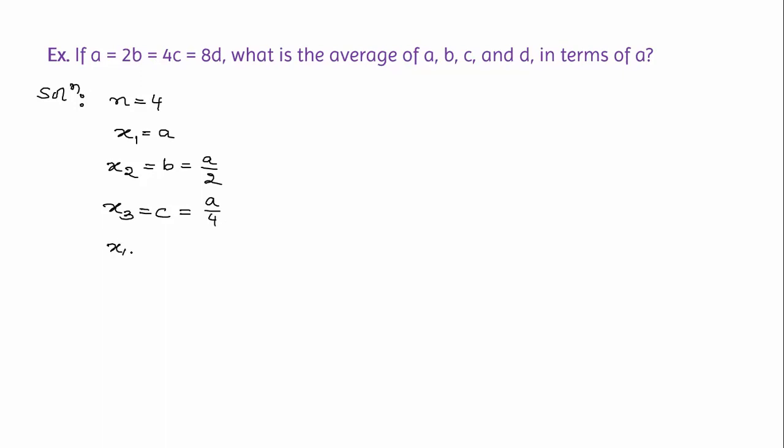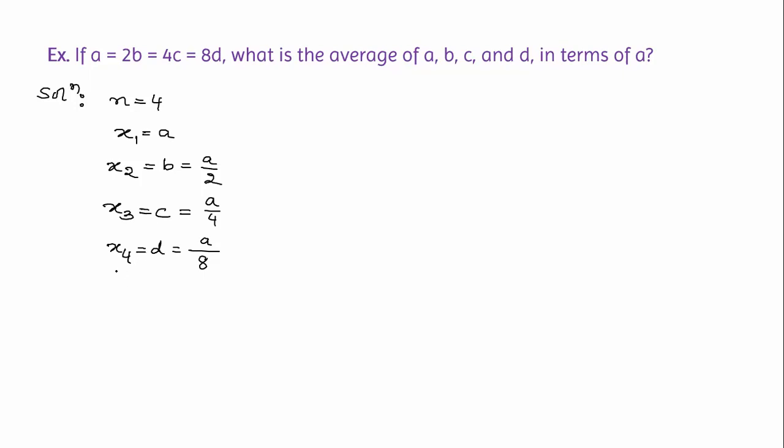The fourth number x4 is equal to D, and 8D is equal to A, so D is equal to A by 8. So we have expressed all the numbers in terms of A. Similarly, we can express each of these four numbers in terms of B or C or even D.